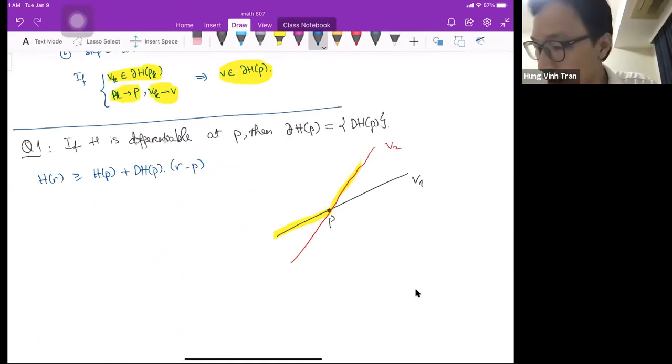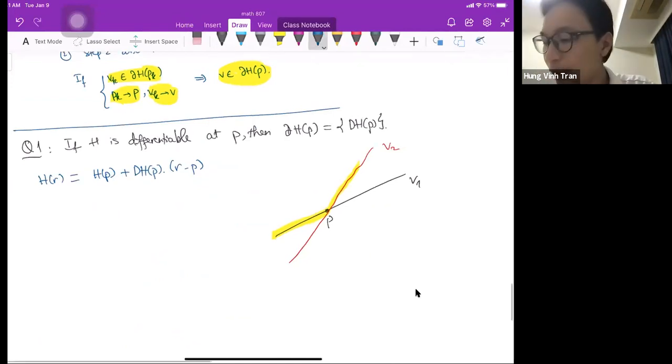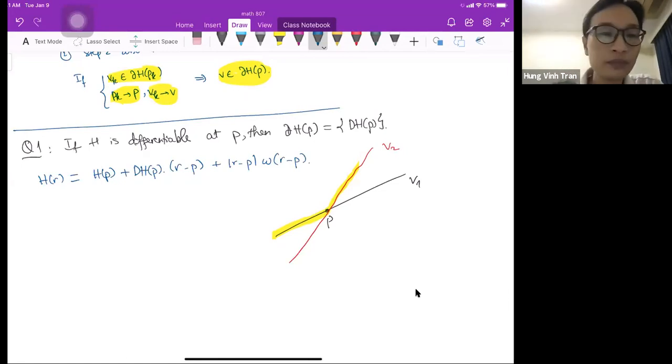So let me do it a little bit quicker here because I want to use time for our discussions. Let me write it this way so you see that it's easier: dh of p times r minus p plus the norm of r minus p times omega of r minus p. Okay. So this is just the definition of differentiable functions, right?